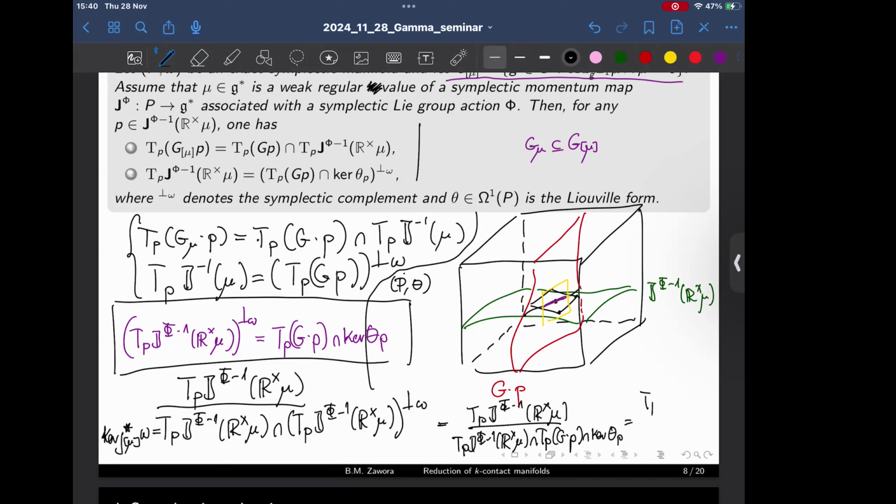And this is J_phi^{-1}(R cross mu) divided by the group K_mu. And we get a result that this is a homogeneous symplectic manifold. I mean, in this case, a vector space.